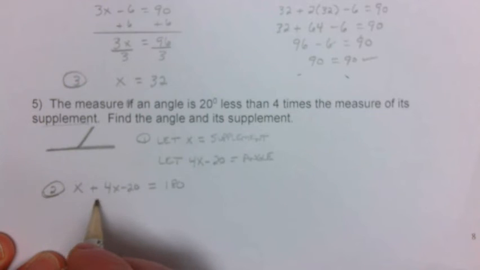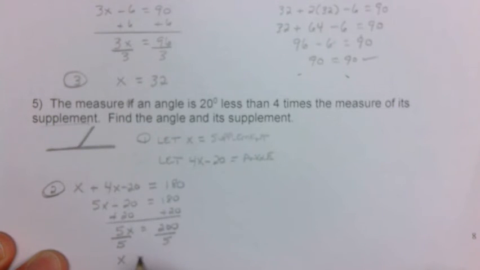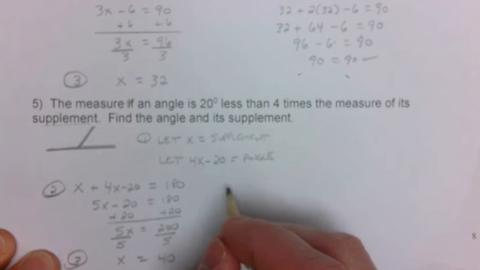Combining like terms, x and 4x is 5x, minus 20 is 180. We'll add 20 to each side, which makes 5x equal to 200. Then if we divide by 5 on each side, x is going to have a value of 40. So there's step number 3. We know that x is 40.